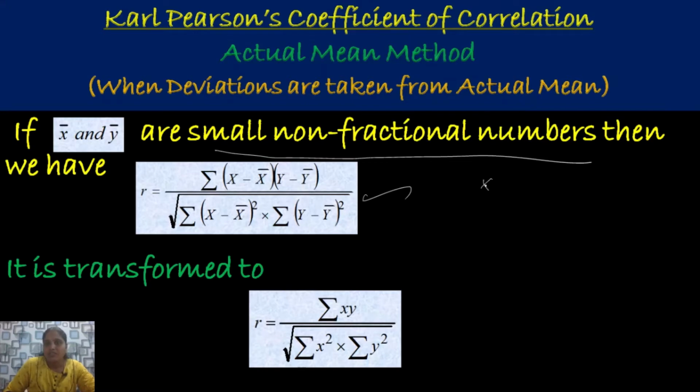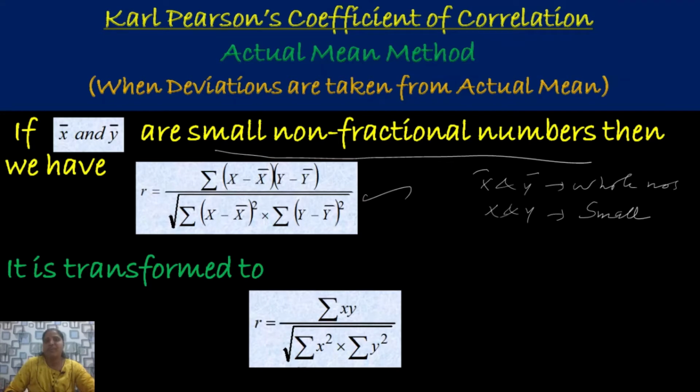So, the values of x bar and y bar are whole numbers, and also the values of x and y are small. In such cases, we make use of the formula r is equal to sigma x minus x bar, y minus y bar over under root sigma x minus x bar the whole square, sigma y minus y bar the whole square.